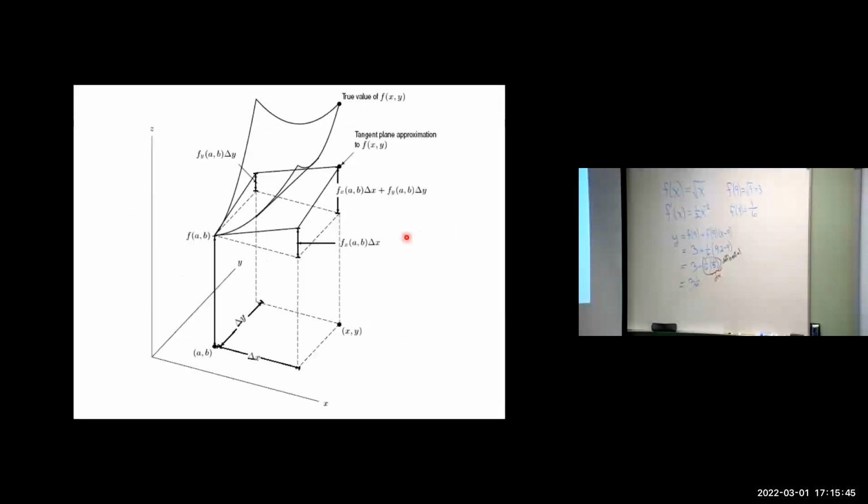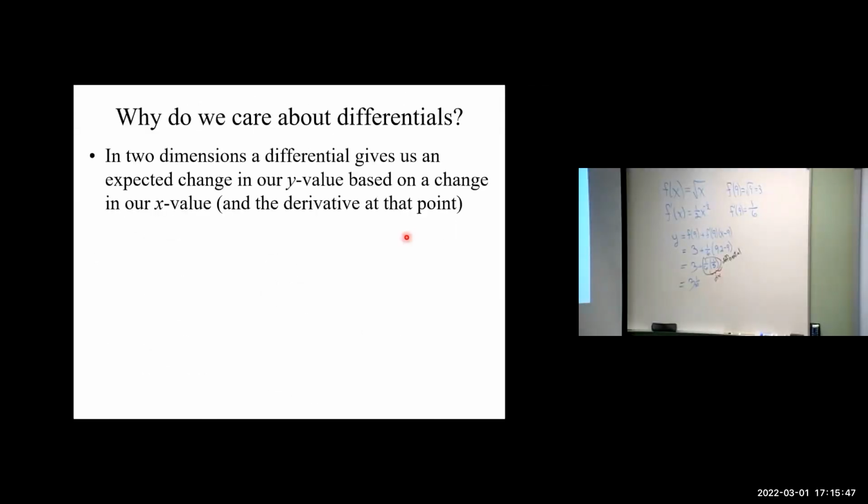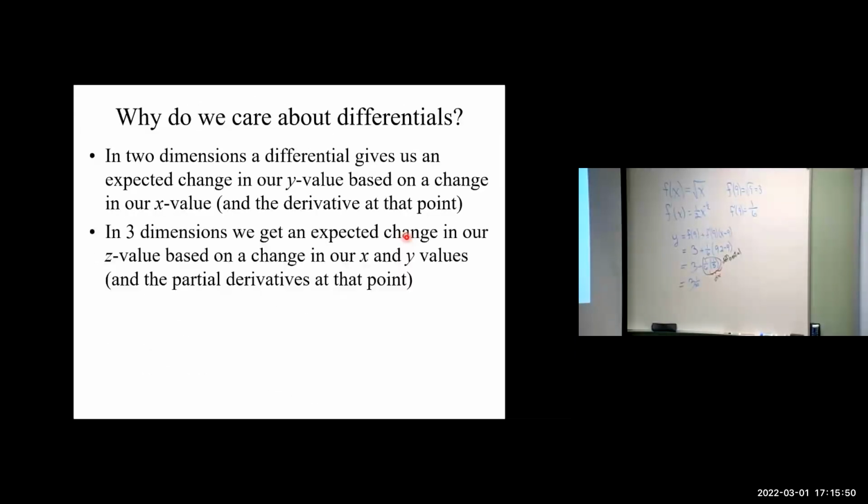So why would we do that? It gives us a way of measuring our expected change in output, in particular in situations where the functions may not be easy to work with. Same reason we would use a tangent line approximation. It might be easier to work with than the actual function. Same reason we would use Taylor polynomials, because they might be easier to work with and manipulate.